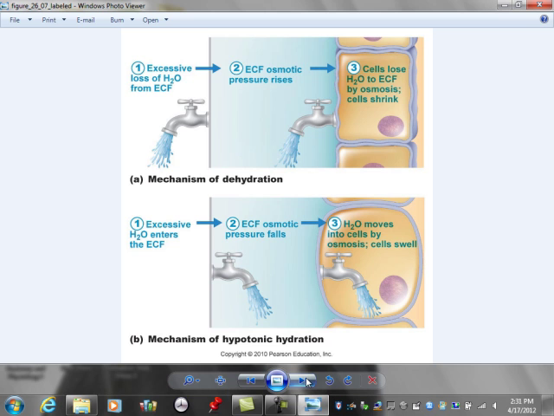And when you become dehydrated, what happens to that osmotic pressure in extracellular fluid? It's going to start to rise. And what's going to happen to our cells? They start to shrink. How come? Yeah.